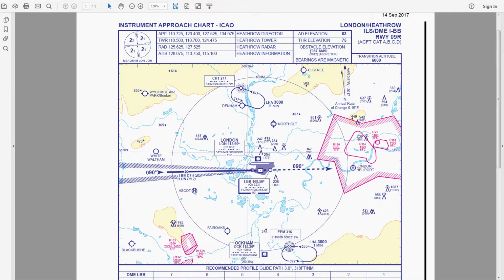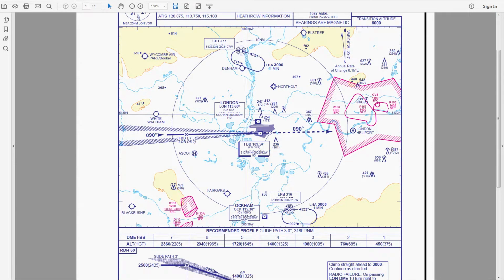Obstacle elevation 1087 AMSL, above mean sea level, or 1,012 feet above the threshold. That is for the entire chart, and you can see that that point is right there. 1087 is there. It's a lit obstacle at that height, but you can see it's quite far from London Heathrow in that sense. I think that's a radio tower.